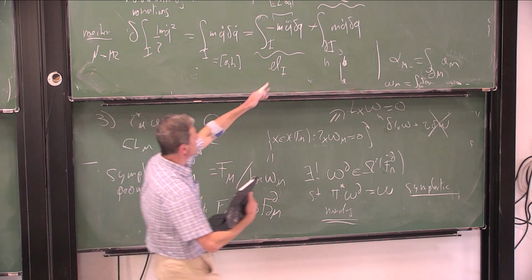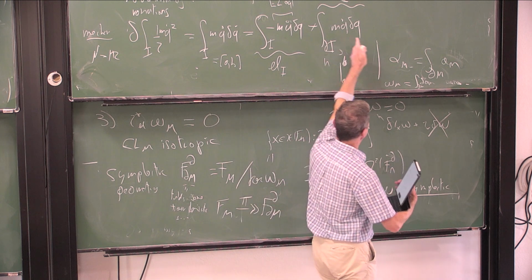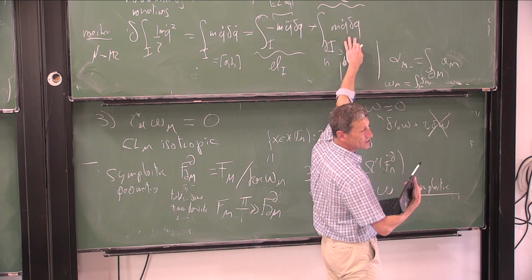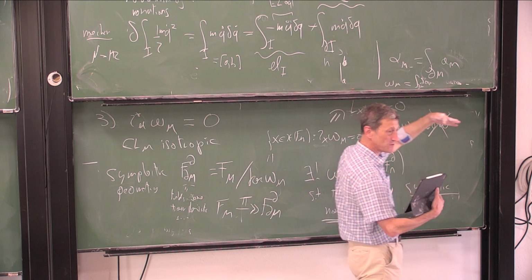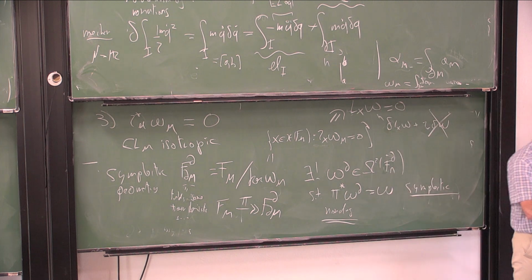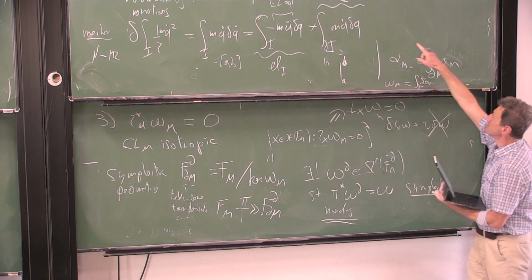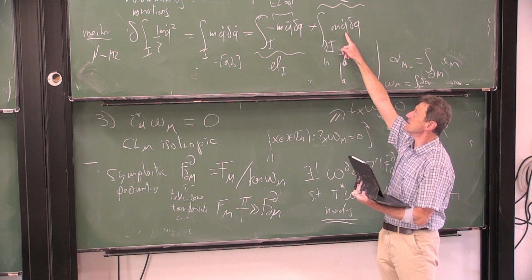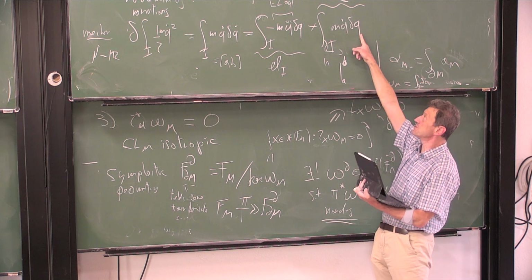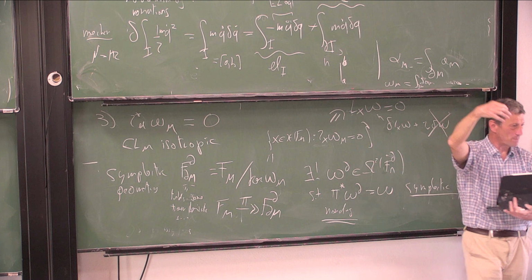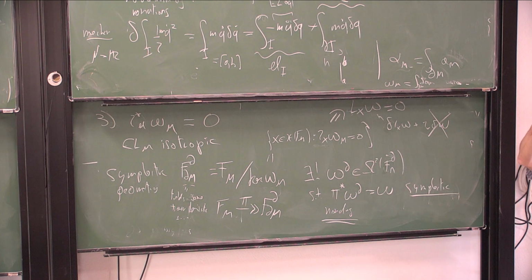So for example, in this example, when you consider this form m q dot delta q as a one form on the whole space of fields, you see that there is a huge kernel. Because, for example, this sees only the position and the velocity of, say, your particle at initial time, but doesn't see the acceleration.